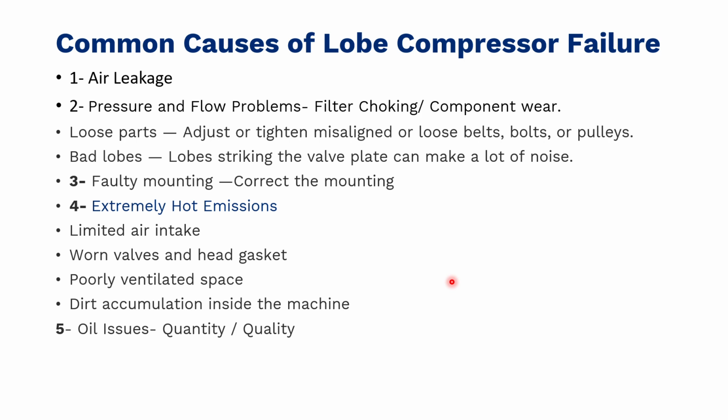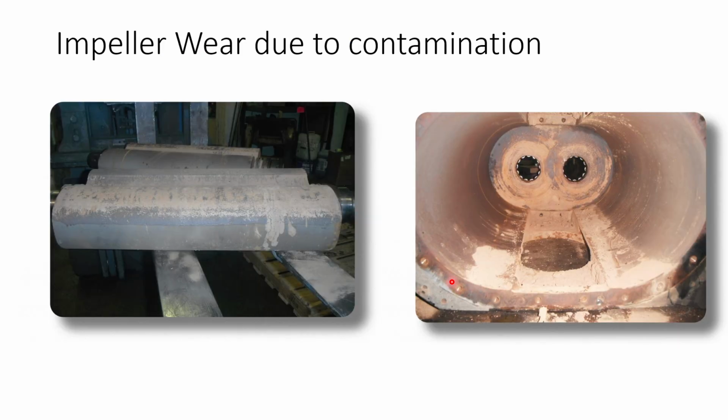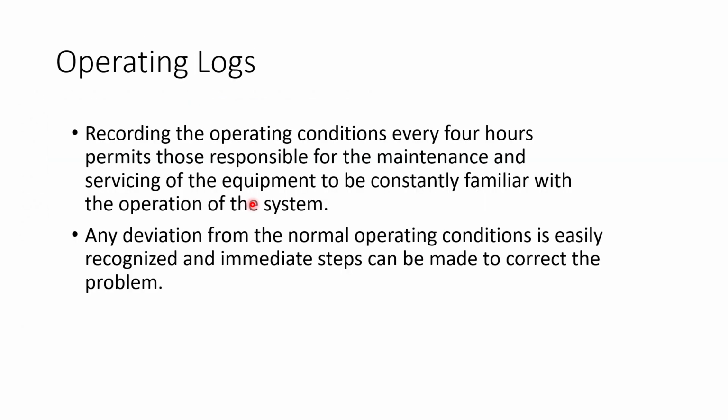Extremely hot emissions may be because of limited air inlet, worn plate and head gasket, poorly vented space, dirt accumulation inside the machine, and there may be valve issues related to quantity and quality. Here we are able to see the wear of the housing and wear of the rotor due to contamination.